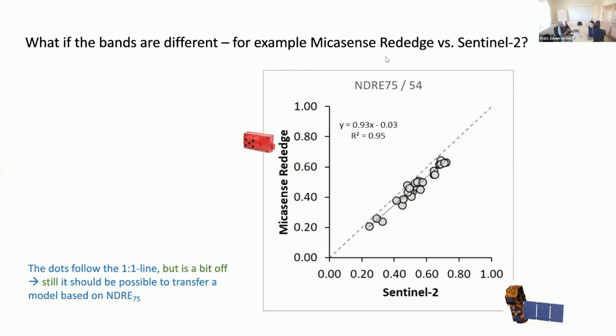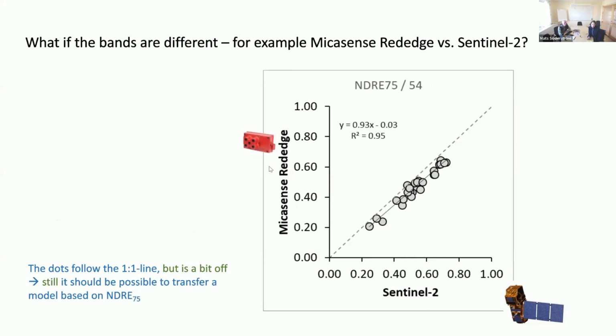But what if we use another sensor, for example, Mikkelsen's Red Edge, which doesn't have exactly the same bands as Sentinel-2, but it has a near infrared and a red edge band. And if we compare those in the same way, then you can see that it's also very well correlated, actually. But it's a bit off from the one-to-one line, which you can expect.